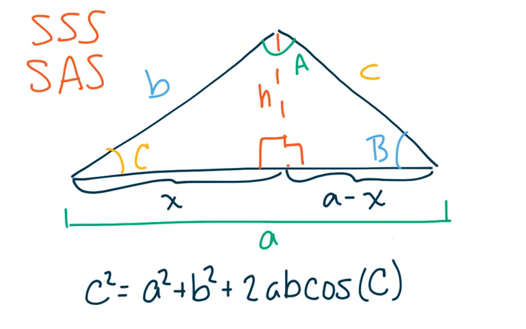These are the cases when the law of cosines is helpful for us. So if you're given the measures of all three sides of your triangle, or the measures of two sides and the included angle, you should apply the law of cosines to find the missing information for your triangle.